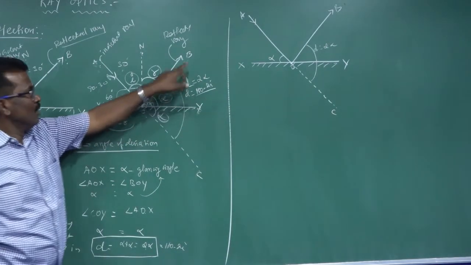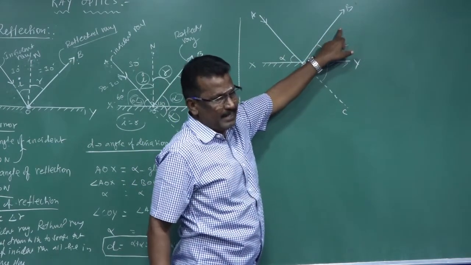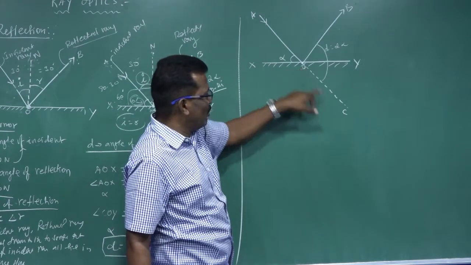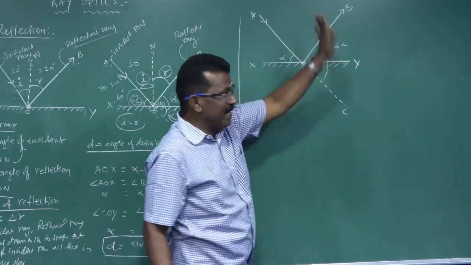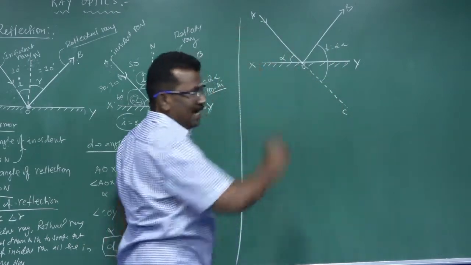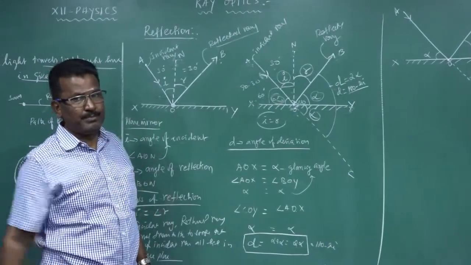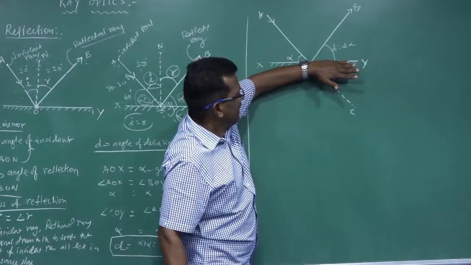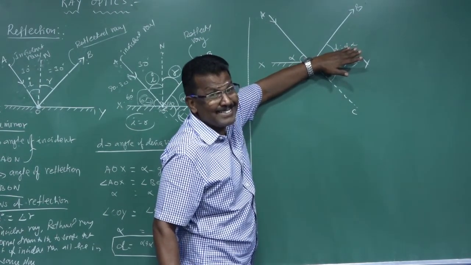The angle of deviation: AO is the incident ray, OB is the reflected ray. If XY is not a mirror, the path of light would have traveled in the OC direction. How much is deviated? 2 alpha is deviated. Suppose the plane mirror rotates through a certain angle theta.